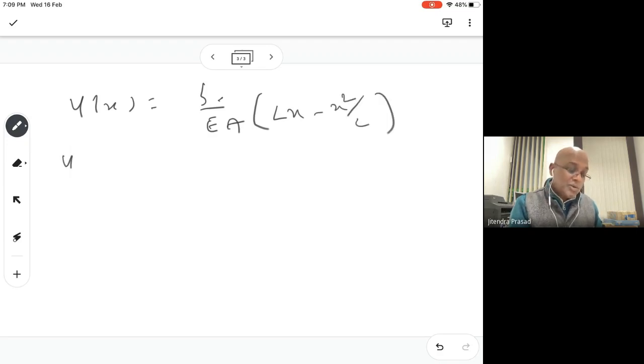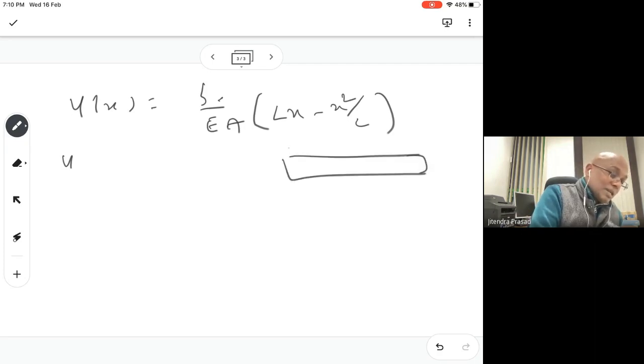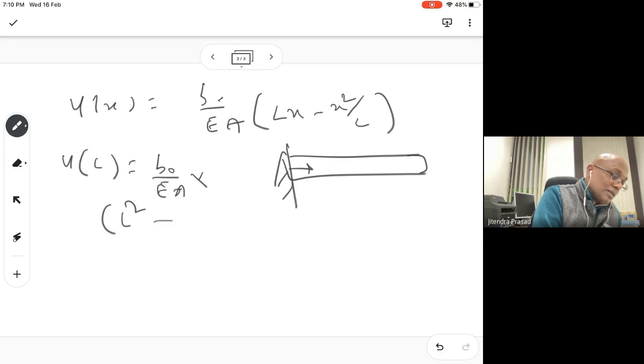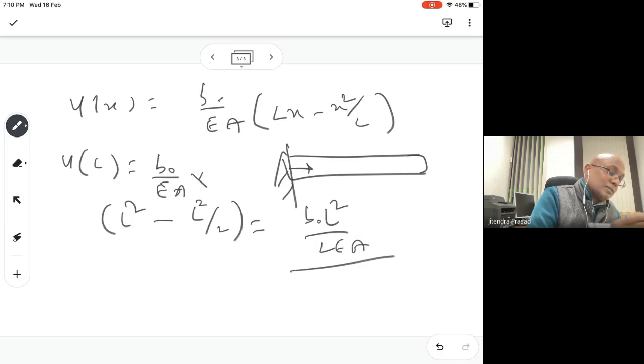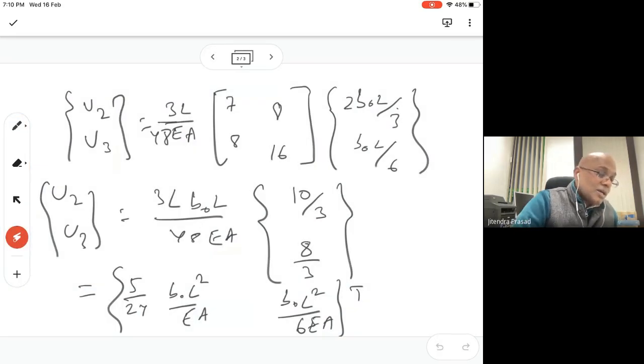So our x starts here, right? You put UL equal to B naught over EA multiplied by L square minus L square over 2, so it becomes B naught L square over 2 EA. It should be like this. So there is something wrong here in the equation.